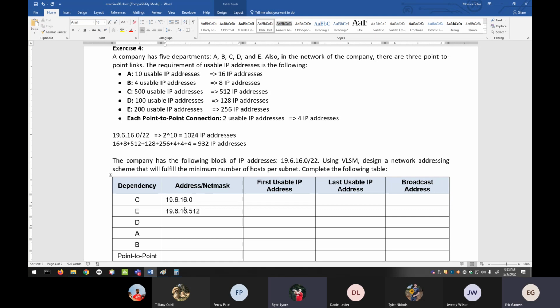So 512 is 2 times 256. It means what? How should I change the third byte? 18, exactly. And this one, 0, is 2 times 256 plus 0. So the 2 goes with the third byte, and the 0 goes with the fourth byte. Okay?